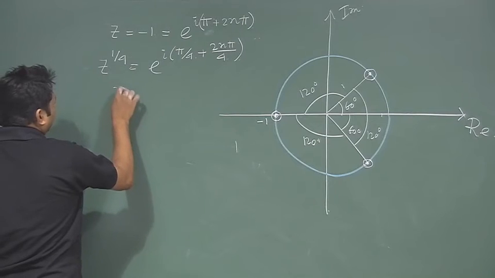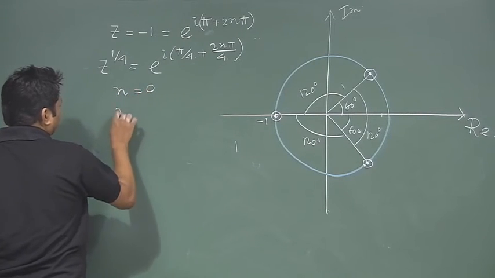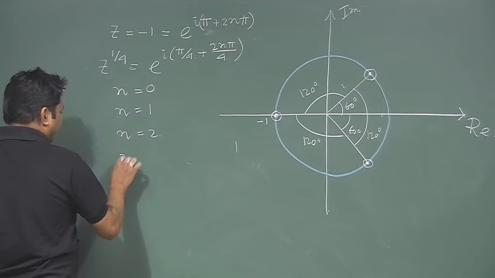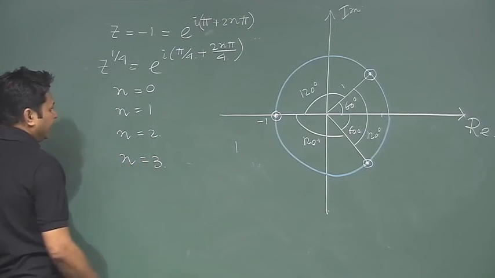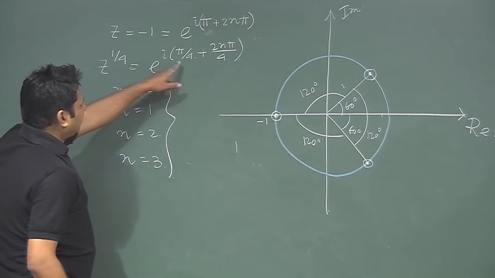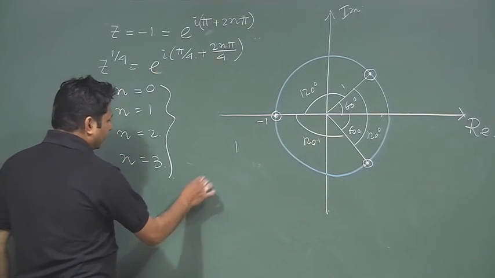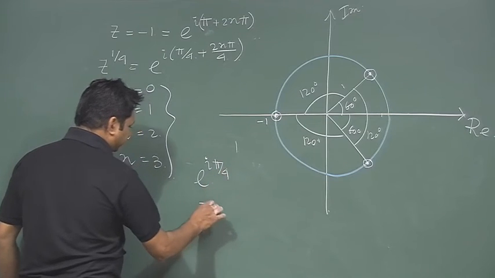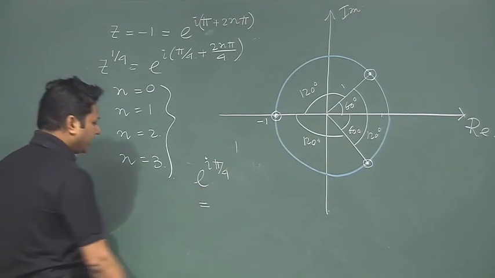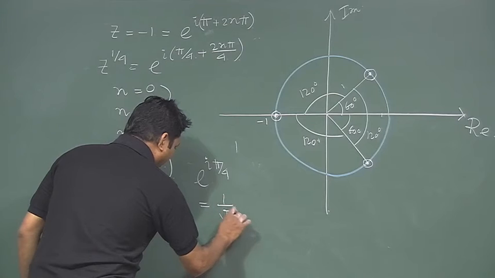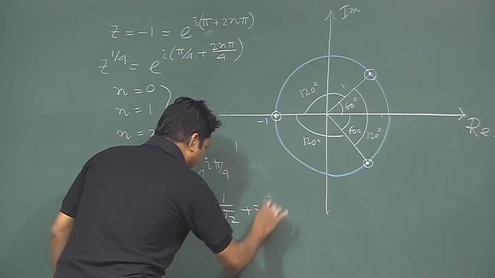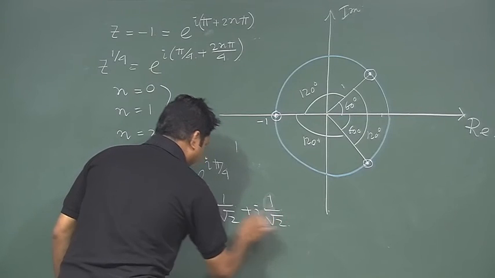What should be the value of n here? n should be 0, n should be 1, n should be 2, and n should be 3, right. For this case, what will be the first value? First value is e to the power i pi by 4. What is this value? Pi by 4, 1 over root 2 plus i 1 over root 2.